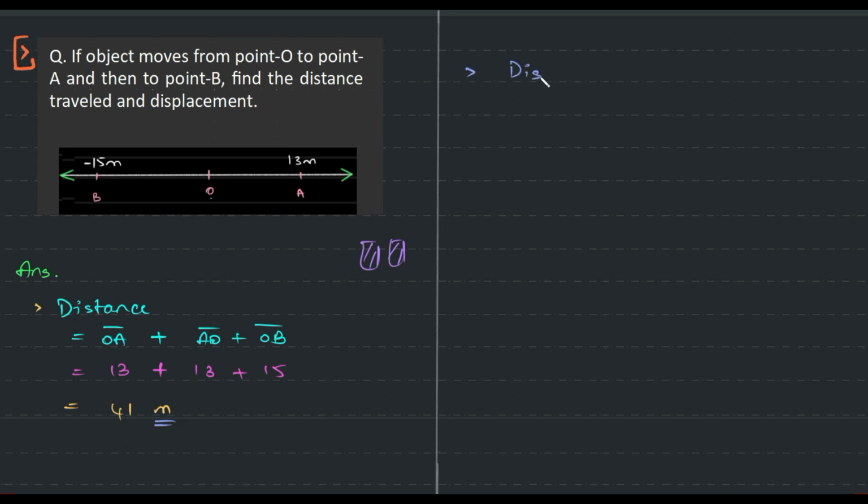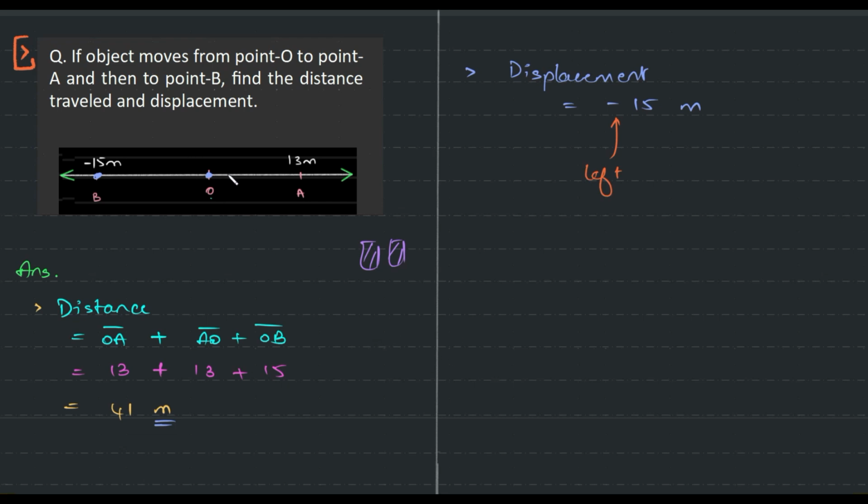While the displacement will be what? Displacement has all to do with where it started and where it ended up. It started off from O and it's now at minus 15. So minus 15 meters. That negative sign indicates that it's to the left, since the direction is of concern to us.